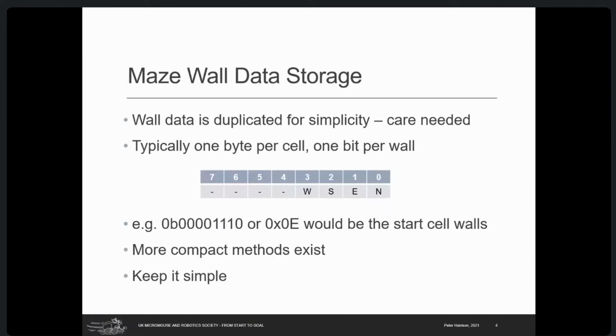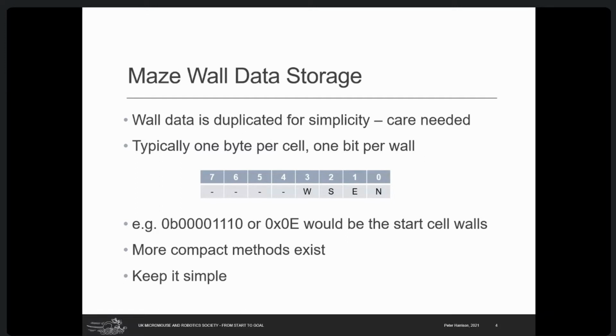So when we store details about the maze, and I understand that there are other ways to do this, but the most common way is to use a little bitmap. And although we duplicate walls doing it this way, it makes the code an awful lot simpler, right? You can pack it down to 1 bit per wall and no duplications, and that's all very clever.